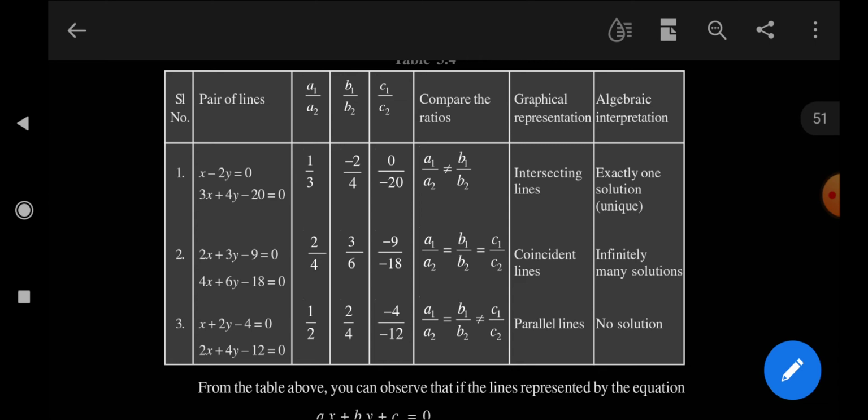That means it is a pair of intersecting lines with exactly one solution. And if the ratios are equal, then the lines coincide and it has infinitely many solutions. And if a1 upon a2 is equal to b1 upon b2 but not equal to c1 upon c2, that means it is a pair of parallel lines and there is no solution.